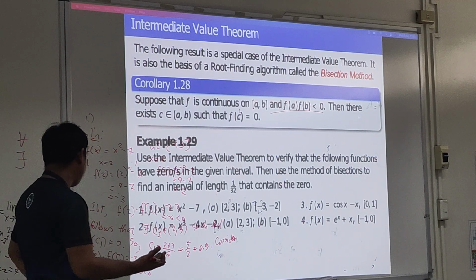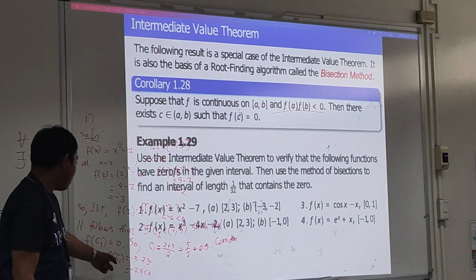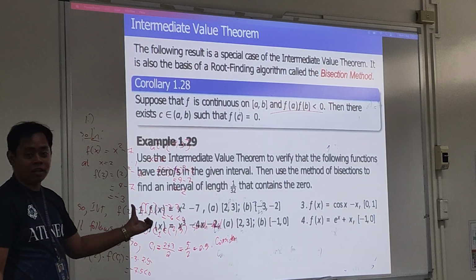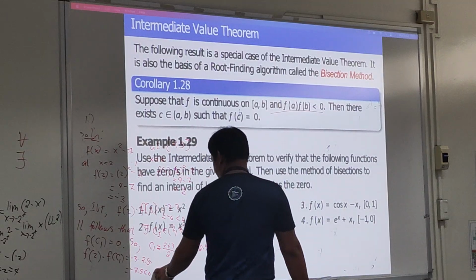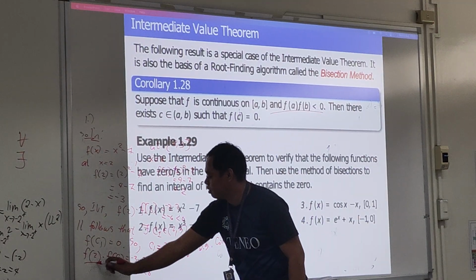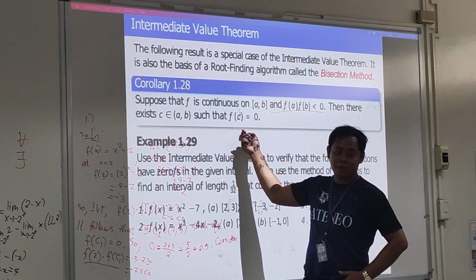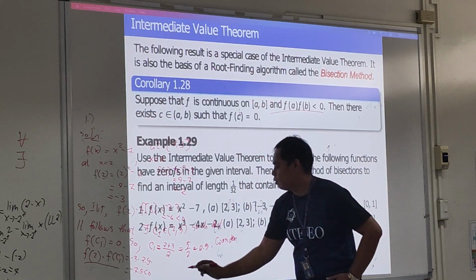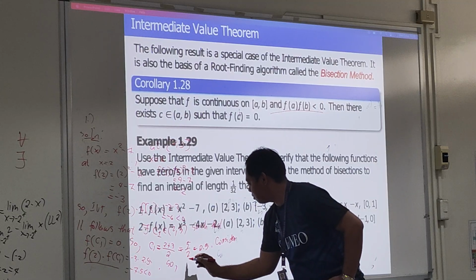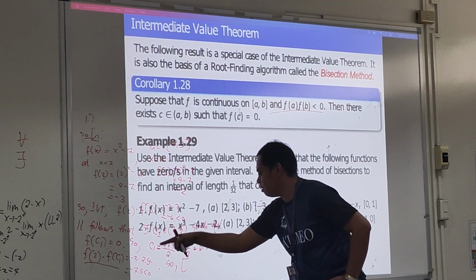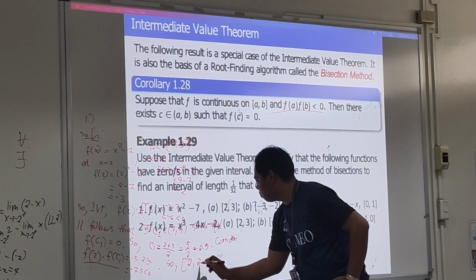And the other way around, if you choose f of 3 and f of C1, it is positive. So with that, we can cut off. So we now have this interval from 2 to 2.5.